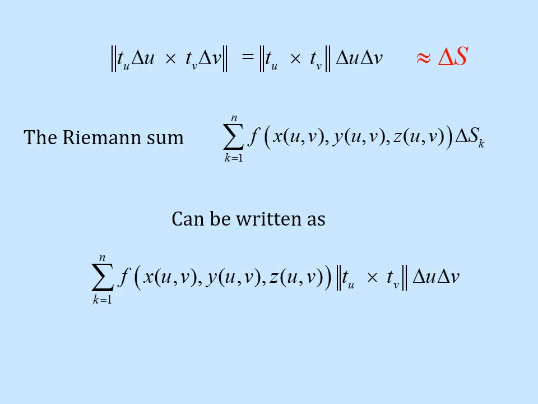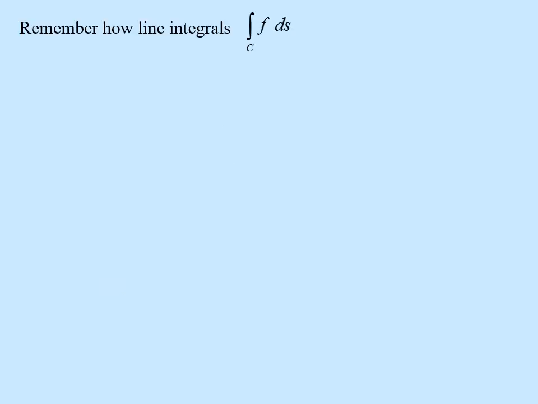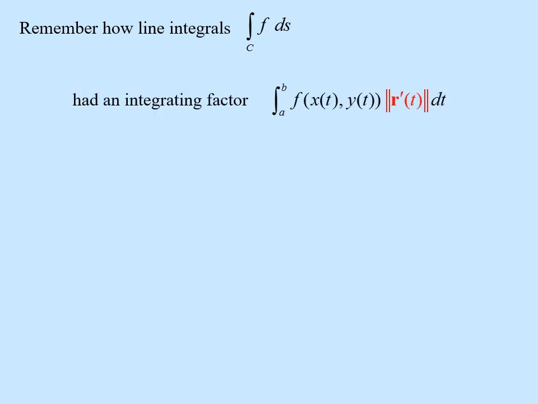Notice again that the factor magnitude tu cross tv comes out in the Riemann sum, meaning that's part of the definition. So just like in line integrals, we wrote the line integral of f ds over c in terms of t's with the factor magnitude r prime t.